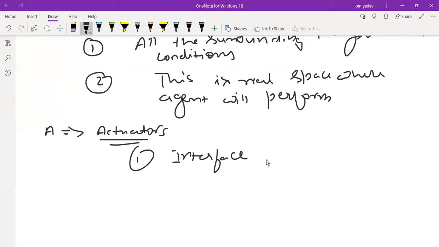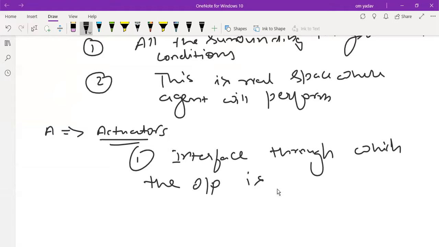This is actually the interface through which the output is presented to the world.